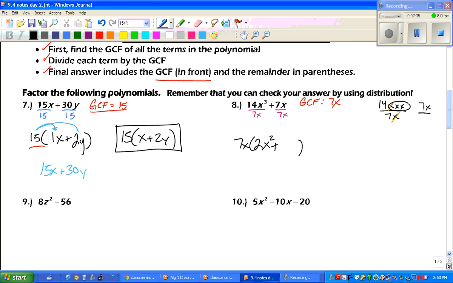And now 7x divided by 7x, well, your 7's cancel and your x's cancel, so you're left with 1. So you get 7x, parentheses 2x squared, plus 1.